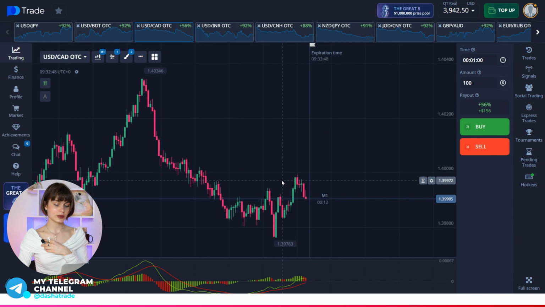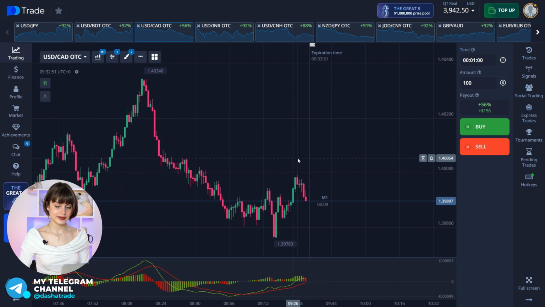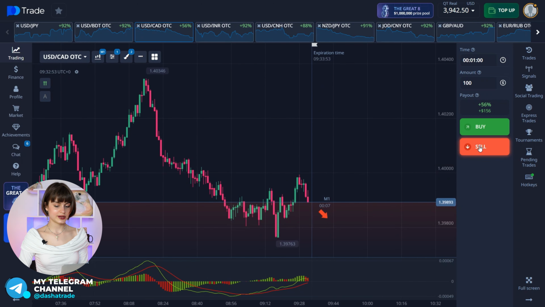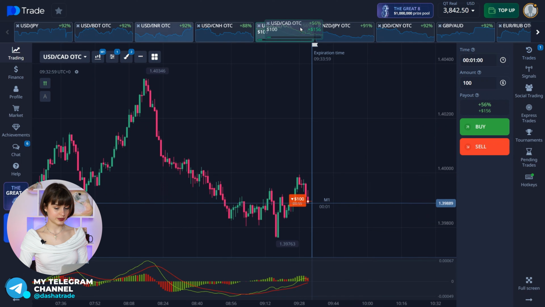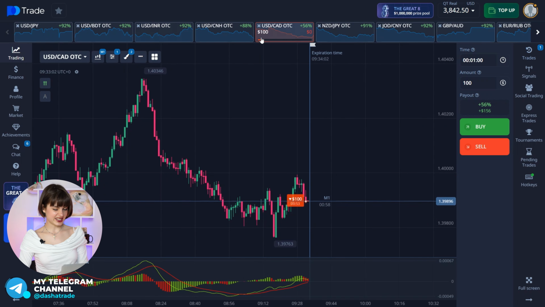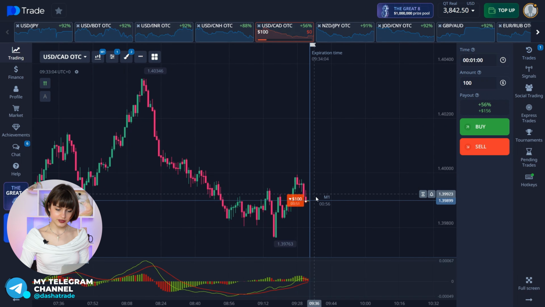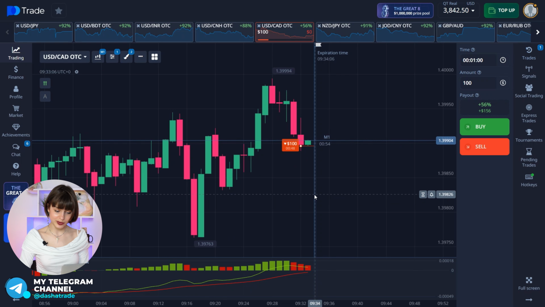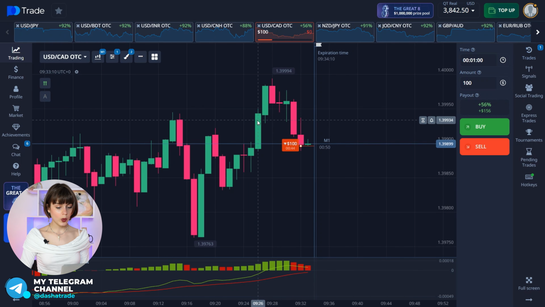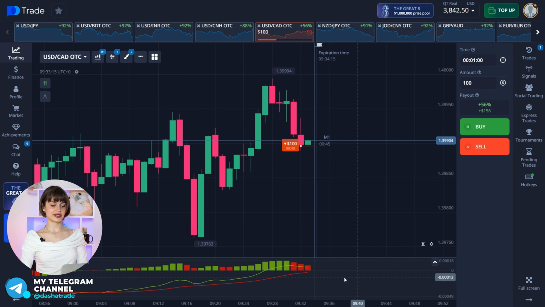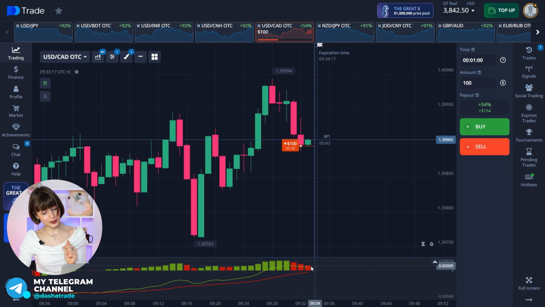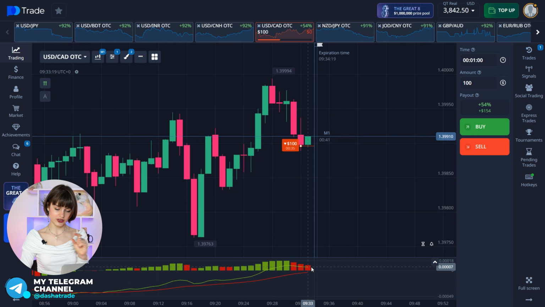So guys, the next deal will be opened on this asset. The currency pair is US dollar, Canadian dollar. A position to sell for $100 is opened, a modest deal, and the percentage yield is 56%. We will get a very small profit, but this deal is as simple as possible because, first of all, we already have a downward movement. Secondly, we look at the indicator, there is a decrease in volumes and each one is lower than the previous one, and there is a narrowing of two moving averages.